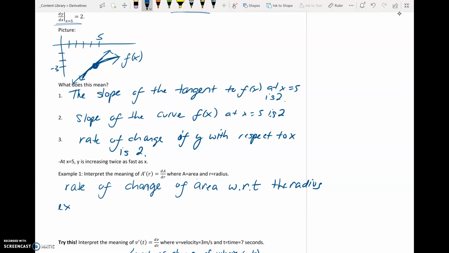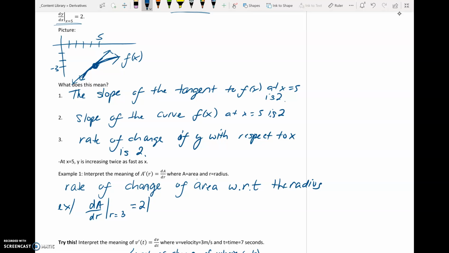I'll give you a numerical example. Let's just say that dA/dr, where r is 3, is 21. So let's say that we want to interpret this. Remember, d/dr is the rate of change of the area. And the rate of change is 21, while your r is 3.